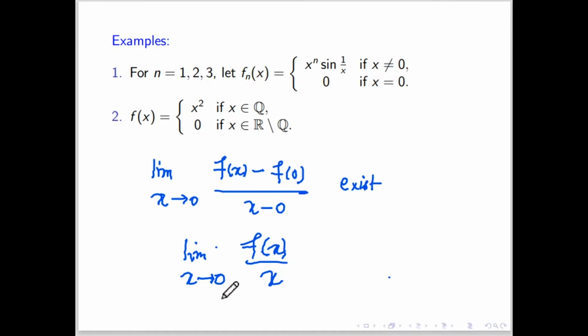Is this function continuous or not? Forget about differentiability. This function is continuous only at x equal to 0, because if x is not 0, you can choose a rational sequence which will converge to an irrational, and then the values will not match 0. For an irrational x also you can construct a rational sequence, and then also it will not match. It will match only at x equal to 0.